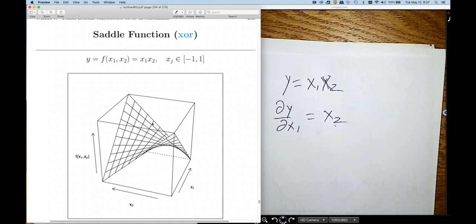Well, the average of all the points on the left of that split would be 0, because notice the way the surface twists, half the values are going to be below 0, half the values are going to be above 0. They all average out to be 0. What would be the average to the right-hand side? Well, 0. And notice the overall average is 0.